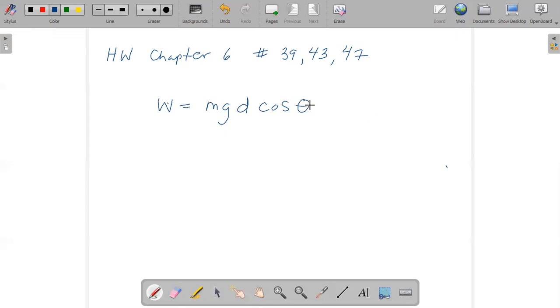All right, so we have 150 kg times 9.8 meters per second squared times 3 meters, was it?